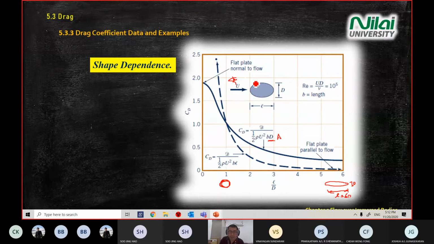It's like you shine a torchlight, and the area you see when it touches is this area. If you view from the front, you see this length D times the length B, the width. So you get the area here, okay?